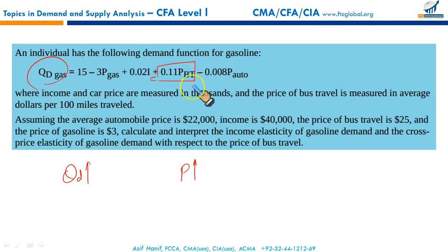If the price of bus travel falls, then I won't buy as much gas because I will prefer the bus travel. And then the same relationship with the price of auto. That is, if the price of auto goes up, then it will have a negative relationship with the quantity demanded.